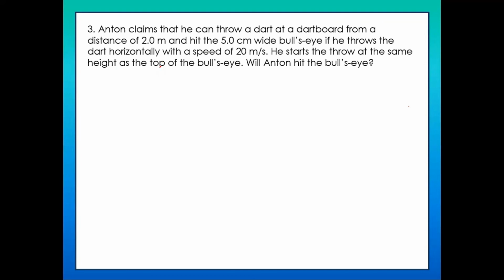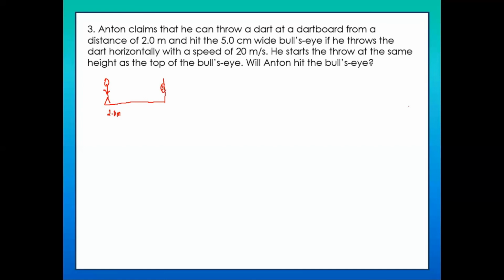Now, let's illustrate the problem. So, this is Anton. He believes that he can hit the bullseye if he throws the dart at 2.0 meters. So, he is 2.0 meters away, facing the dartboard.